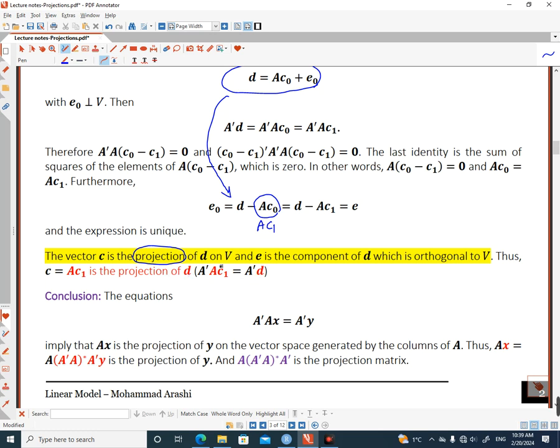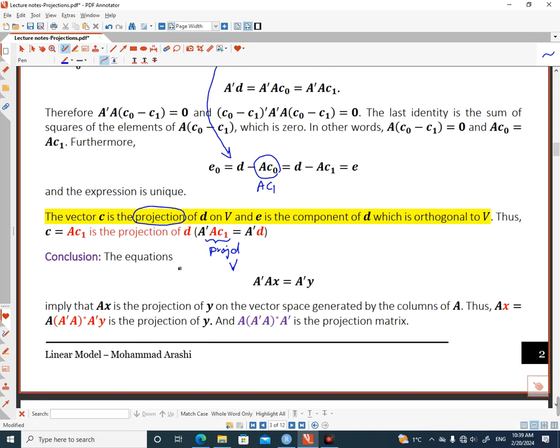Now let's go back to the equality that we had. If I have A prime AC1 equal to A prime D, I can say that this is the projection of D, but on V, on the space. So we can get the following conclusion.